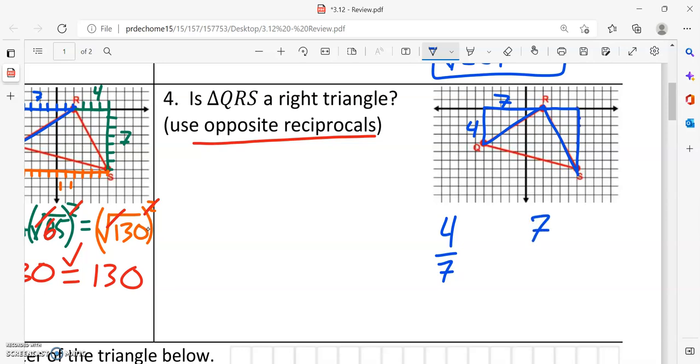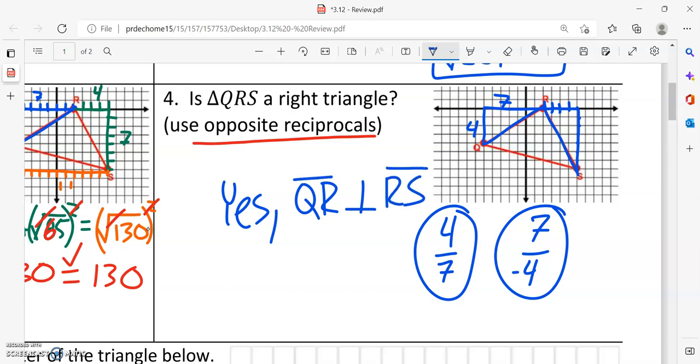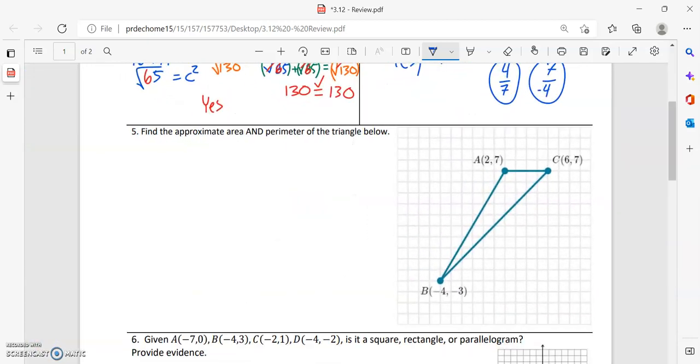And then we go backwards, 1, 2, 3, 4. So this and this are opposite reciprocals. So yes, they are perpendicular. Yes, QR is perpendicular to RS. You can put a line above that too.